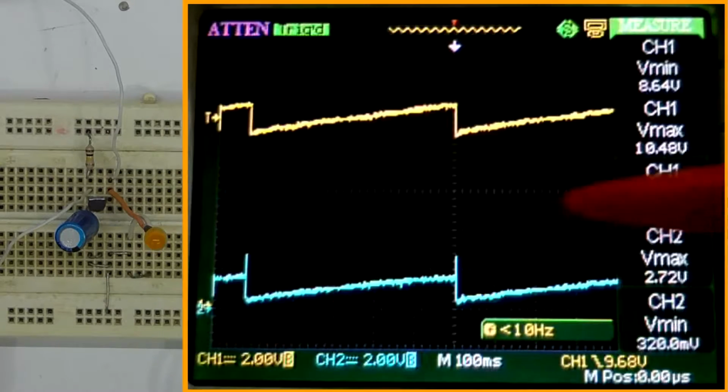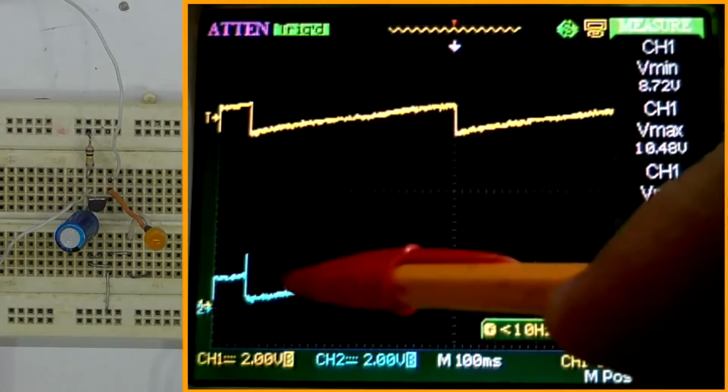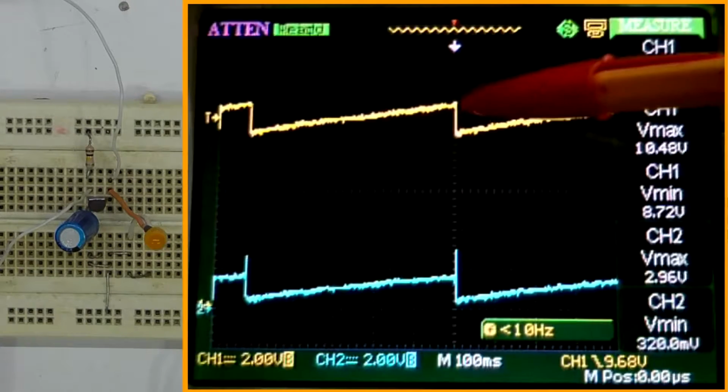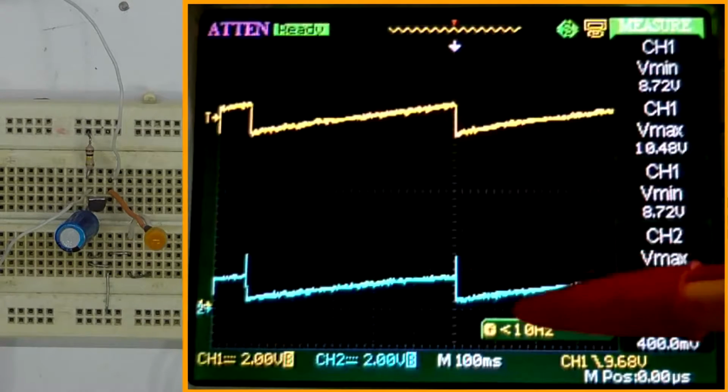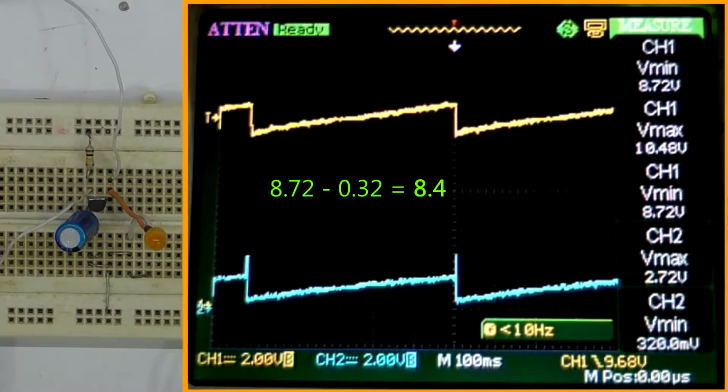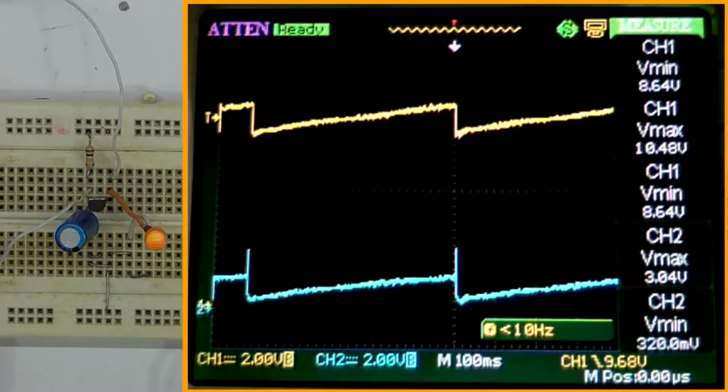If we look at those voltages, you'll see that the collector voltage is tracking the emitter voltage with a difference of, let's do the minimums, basically 8.5 volts, 8.4 volts or so.